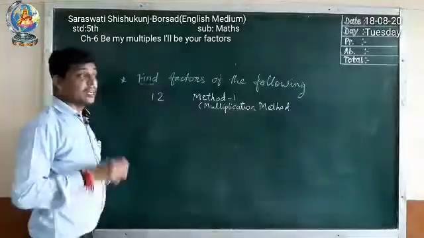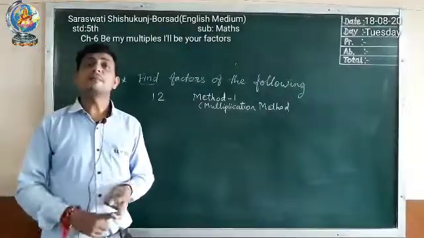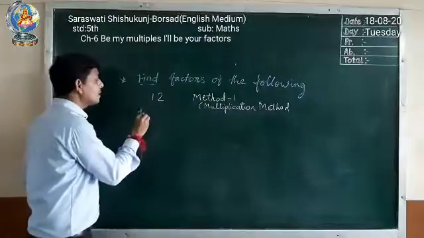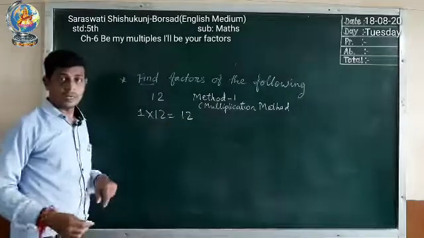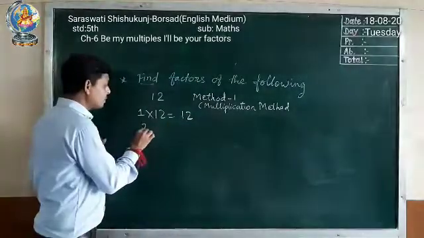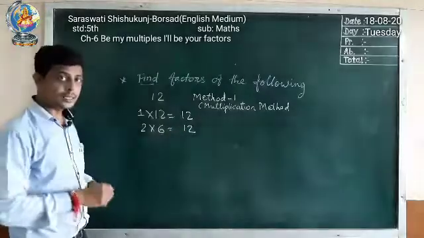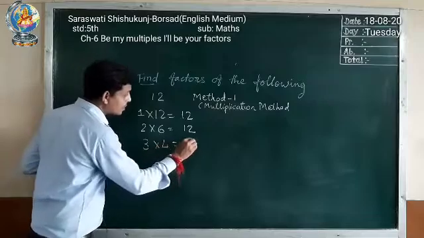How? You can see. What you have to remember is in which tables 12 comes. In table 1, 12 comes: 1 twelve is 12. In table 2 also 12 comes: 2 sixes are 12. In table 3 also it comes: 3 fours are 12.